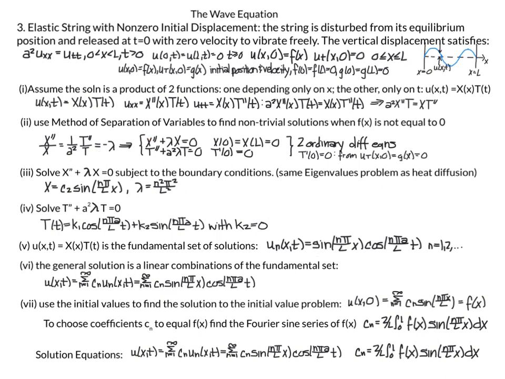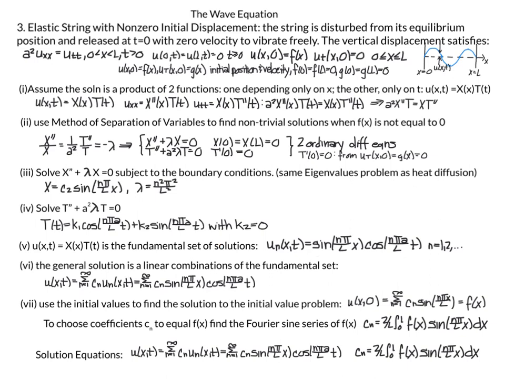When we separate this out, we'll get two ordinary differential equations, one with boundary conditions and one with initial conditions. So first we're going to solve our ordinary differential equation in x, and again it has boundary conditions. And then we're going to solve our time ordinary differential equation.